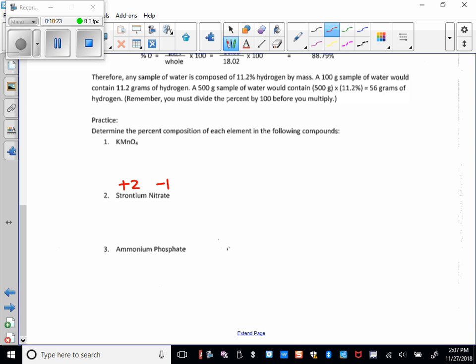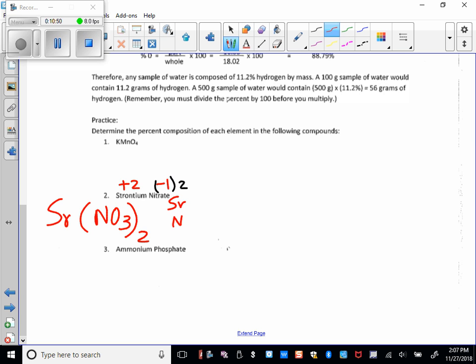So I multiply the nitrate side by 2. What is my formula for strontium nitrate? Sr(NO3)2. Correct? So this compound strontium nitrate contains which elements?